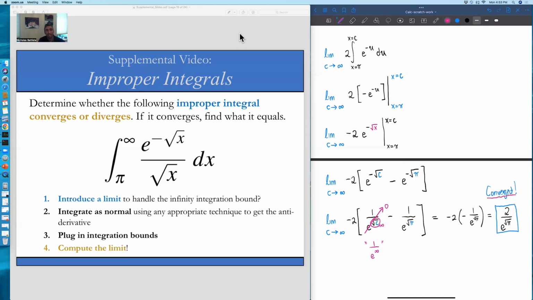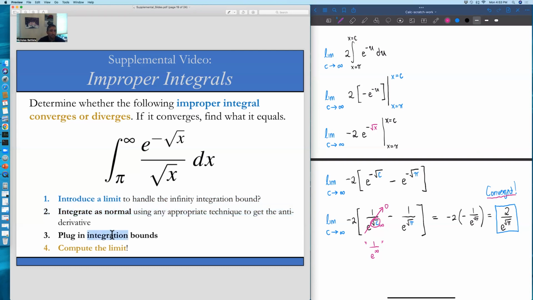So if we're to backtrack a little bit with these improper integral problems, the first thing we really do is introduce a limit to help us handle, in this case, an infinity integration bound, or to handle where the integrand becomes singular, where we get to divide by 0. That second thing was not the case in this problem. We integrate as normal, kind of just ignoring that limit that's sitting out in front.